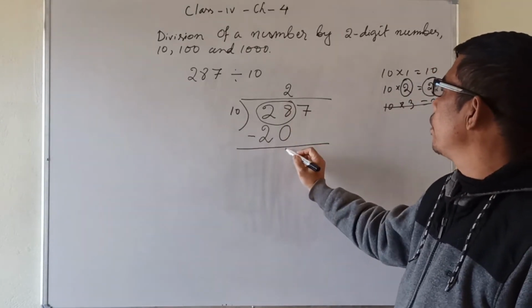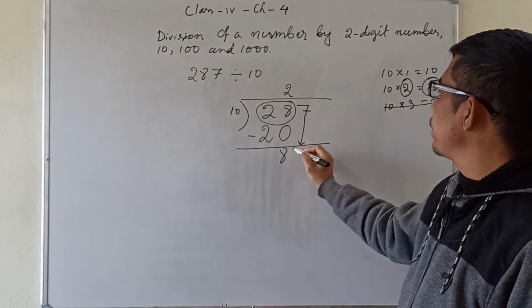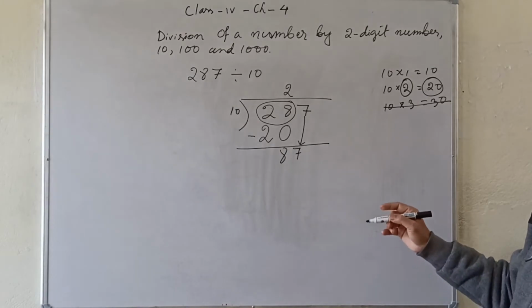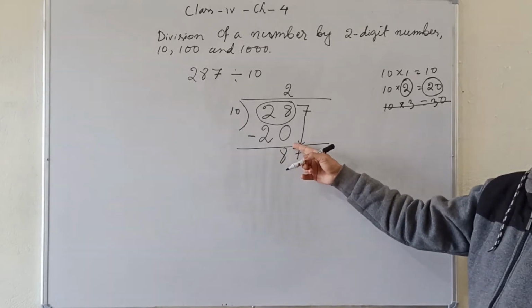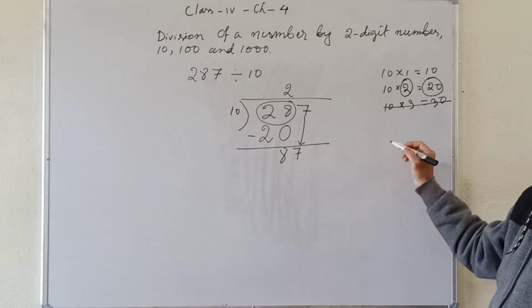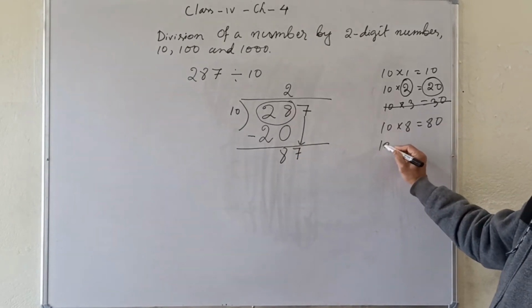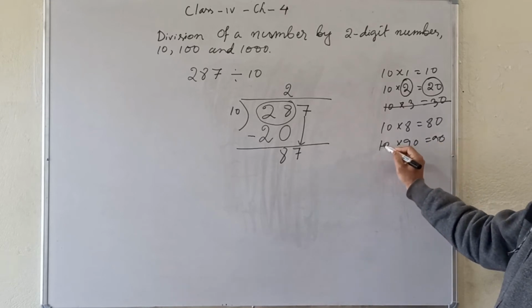Eight minus 0, 8, 0. Then come down 7. Again in the multiples of 10, we will try to find 87 if there is. Otherwise nearest to 87: 10 8s are 80, 10 9s are 90. This is bigger than 87, cannot be taken.